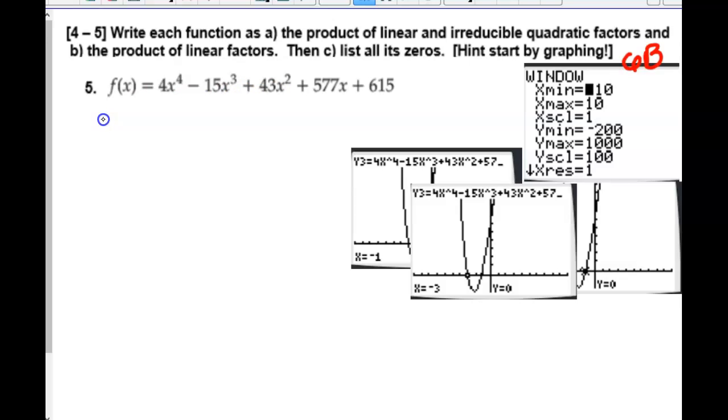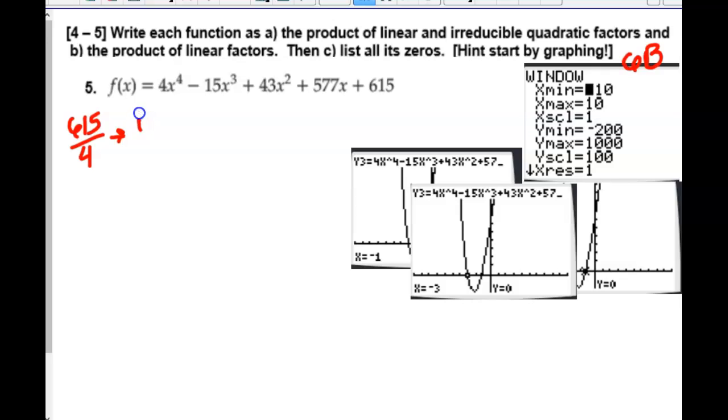The first thing you would normally do for one of these is look at the factors of which over which. The factors of 615 over the factors of 4. Now, I did figure those all out.